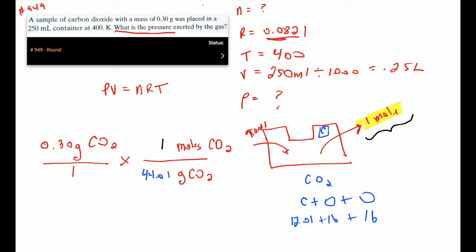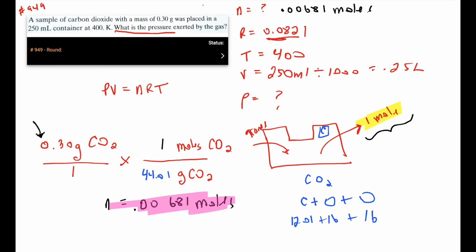That's your n. So n is equal to 0.00681 moles. So that's your n. So that goes right here. So 0.00681. So that is that.